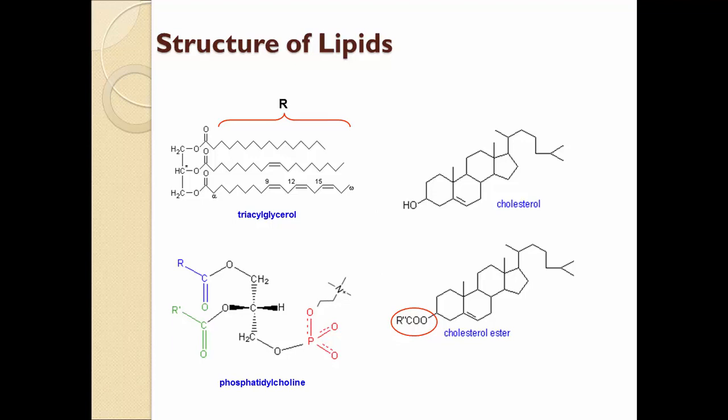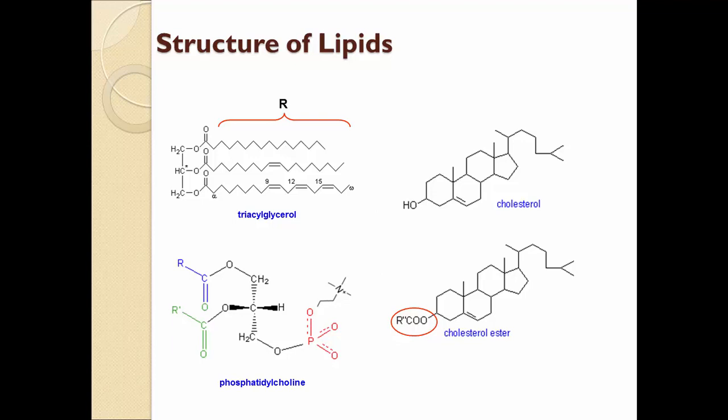And this just gives you the structure of other lipids, for example, cholesterol and cholesterol esters. The difference between cholesterol and cholesterol ester is that cholesterol ester has 1 fatty acid molecule attached to the cholesterol molecule, right? So cholesterol ester again has an additional fatty acid molecule attached to it.